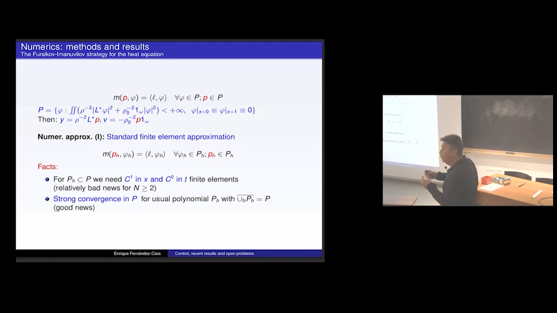We only need polynomial functions, for example, of degree 3 in x and of degree 1 in time. But for n greater or equal to 2, this is not a trivial task. To construct C1 finite elements in space for n greater or equal to 2 is not easy. We have to work. We are doing things, but we have to work.